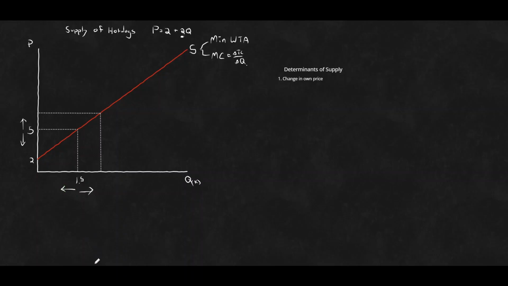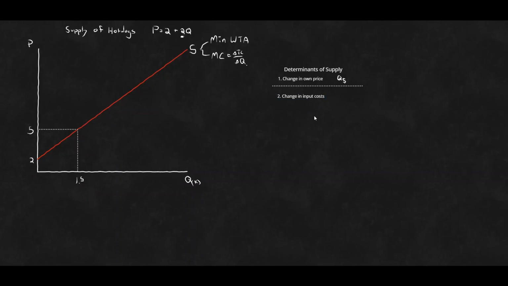So just like with our demand curve, any change in own price is just a movement along the curve. So change in own price is just a change in quantity supplied, not a change in the supply itself. Okay, let's go take a look at the other ones that are a bit more exciting.